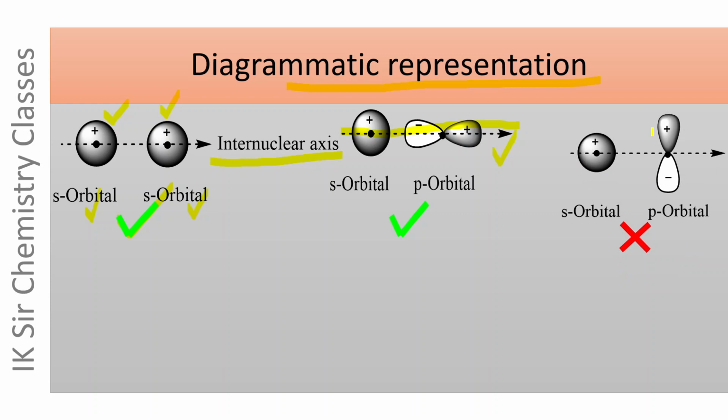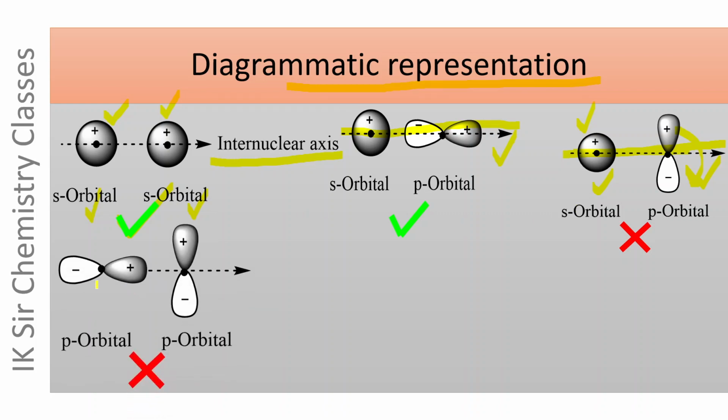But this type of linear combination of s orbital and p orbital is not possible because if these two orbitals are rotated about this internuclear axis, the sign of lobe of this orbital will not change, while on doing so the positive lobe will come downwards and thus the sign of lobes will change, and hence s and p orbital cannot take part in linear combination in this orientation.